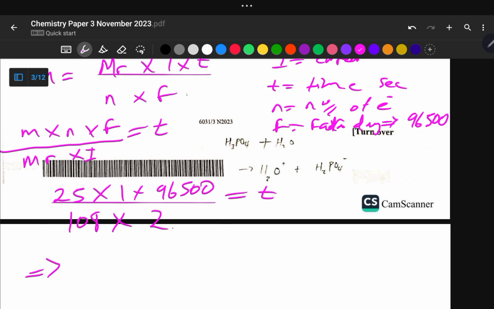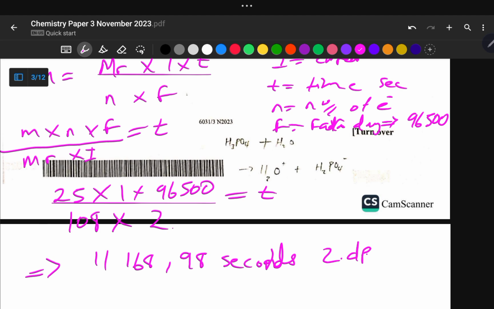It's 25 multiplied by 96,500 divided by 108 multiplied by 2, and we are going to have 11,168.98 seconds to 2 decimal places, right?